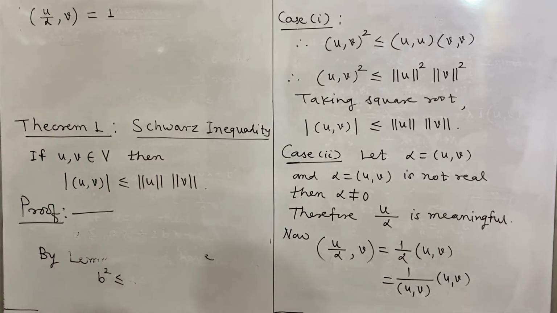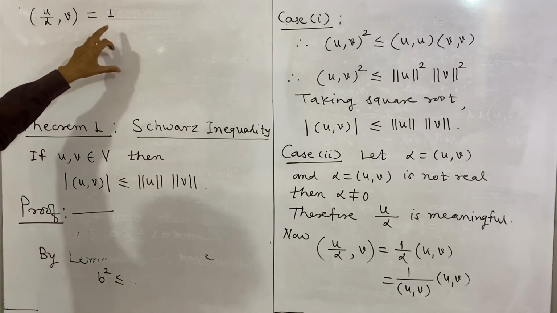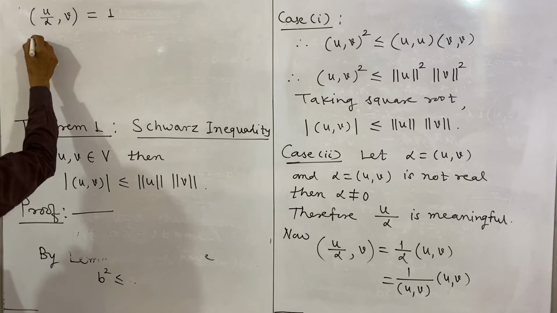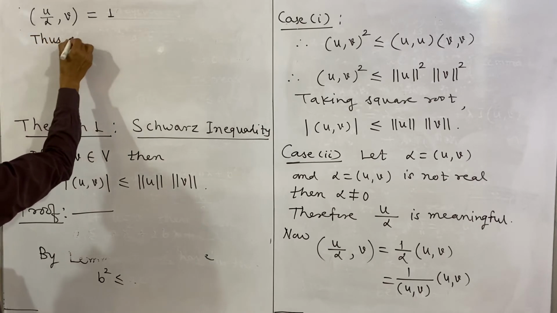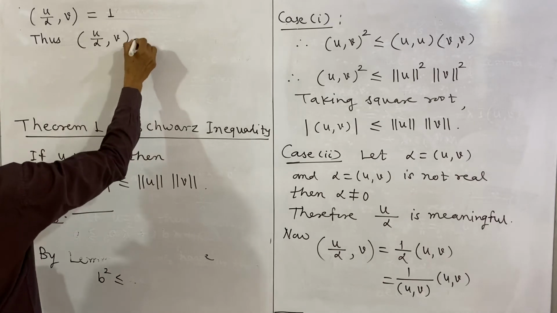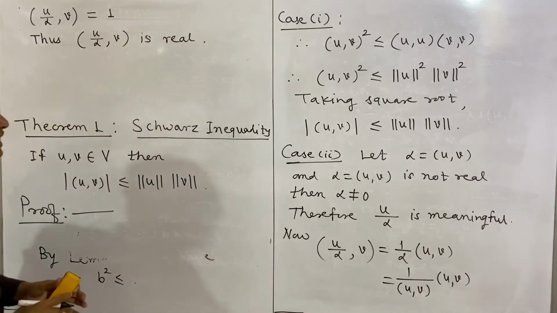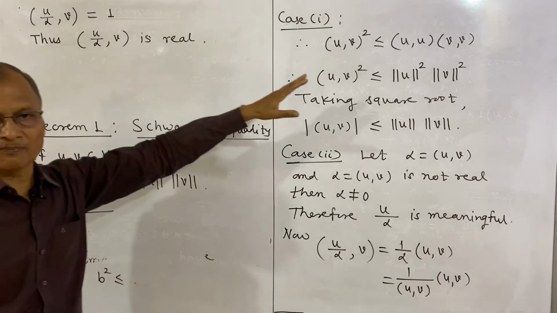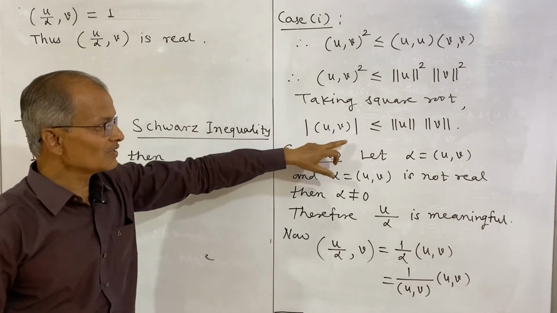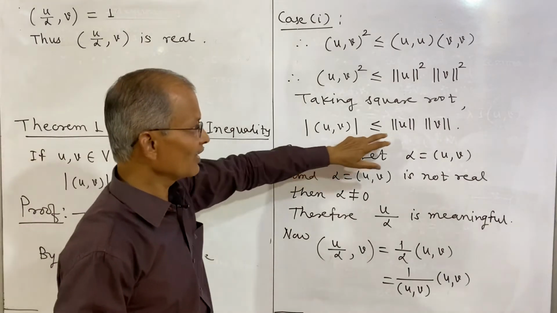So the inner product of u upon alpha and v is equal to 1, which is real. 1 is a real number, and if it is real, we can apply the first case, which we have obtained earlier.